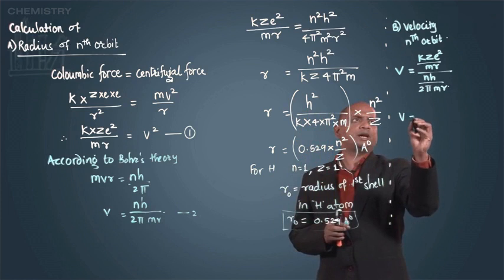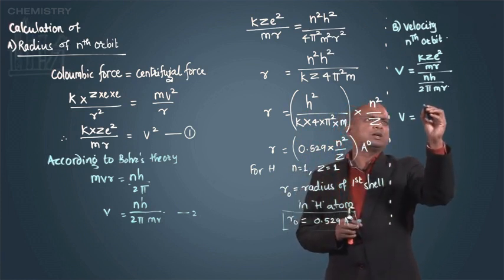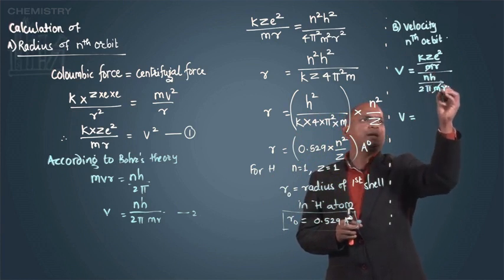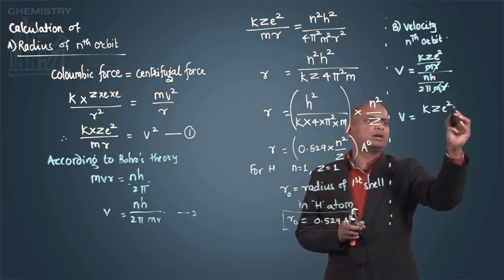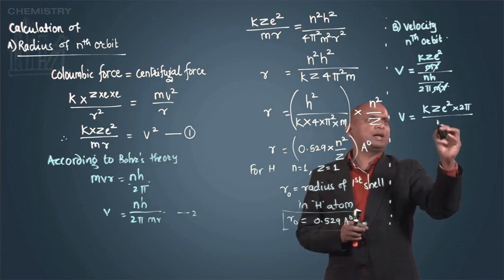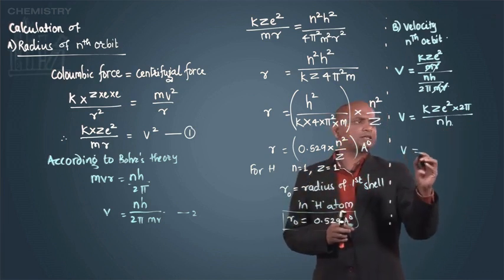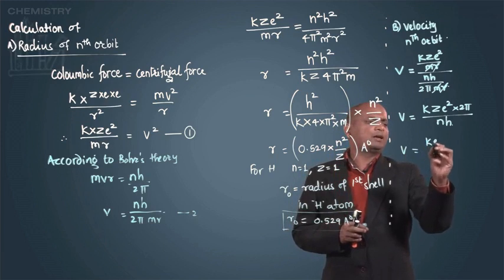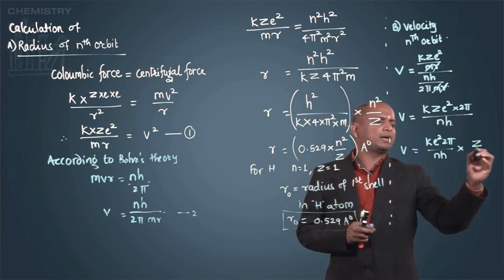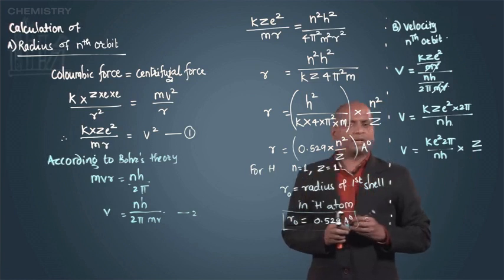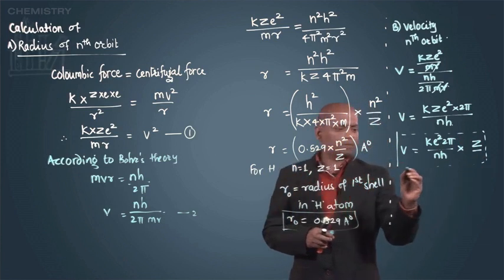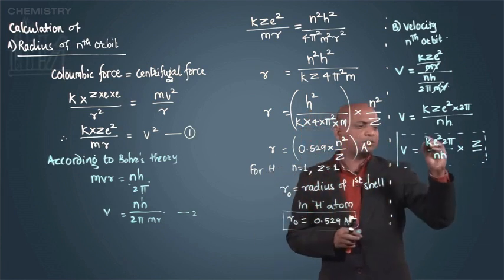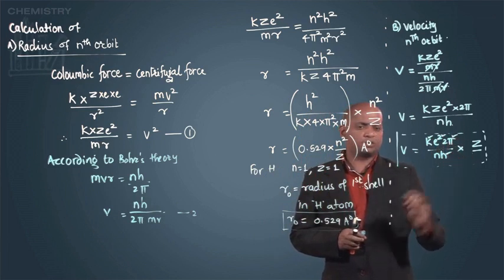So the velocity of the electron is equal to, as M and M get cancelled and R and R get cancelled, K Z E square multiplied by 2 pi upon nh. So velocity is equal to k e square 2 pi upon h multiplied by z upon n. Now this is constant, this is constant, this is constant, this is constant.